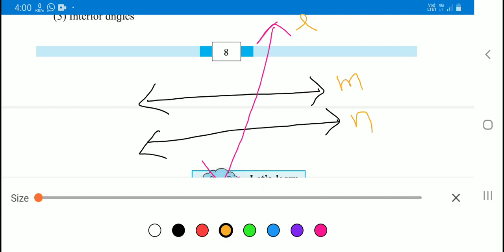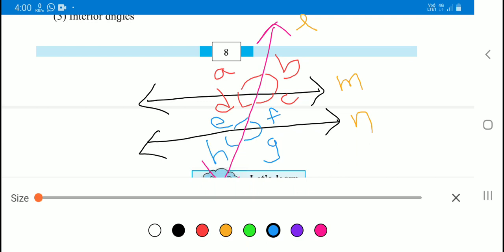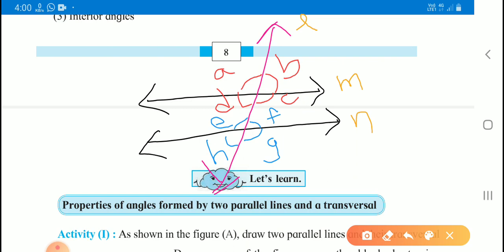So here I will take the angles A, B, C, D. And the other transversal's 4 angles are E, F, G, H.